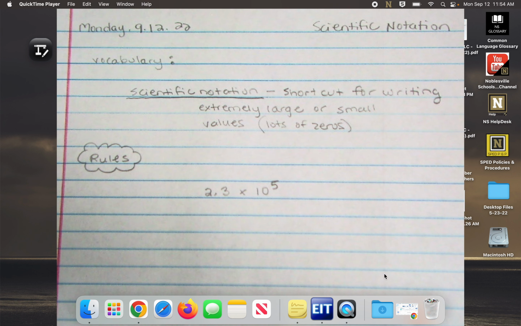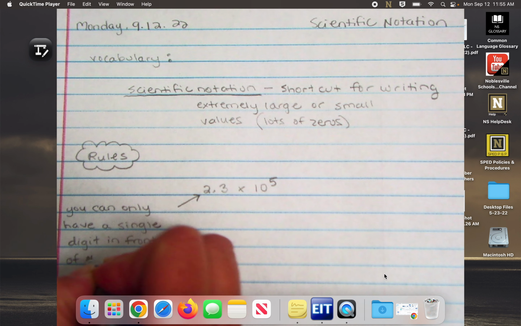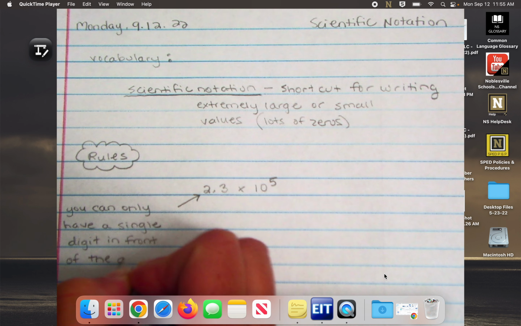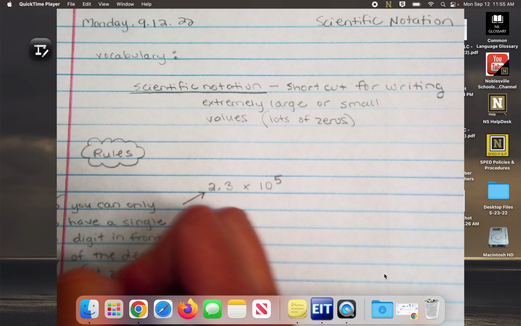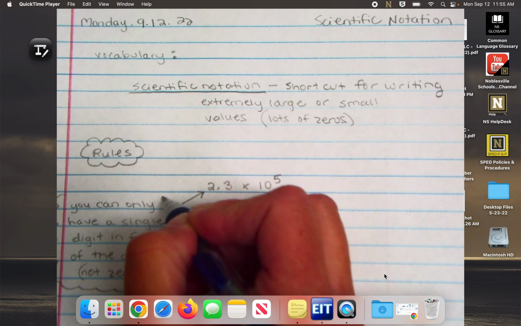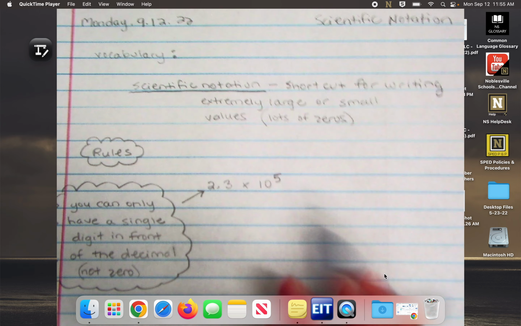The first thing I want you to notice is that you can only have a single digit in front of the decimal. Not 0. So in proper scientific notation, you only have one digit, then a decimal point, and then whatever else you need after that.